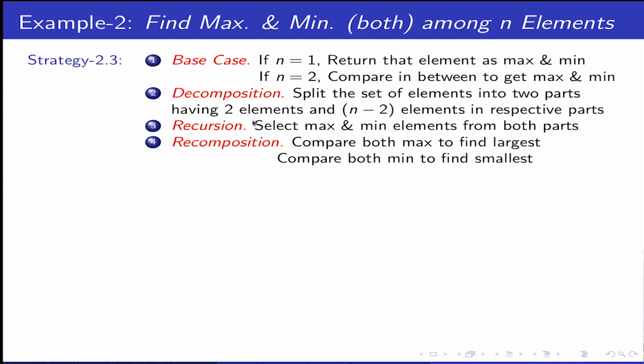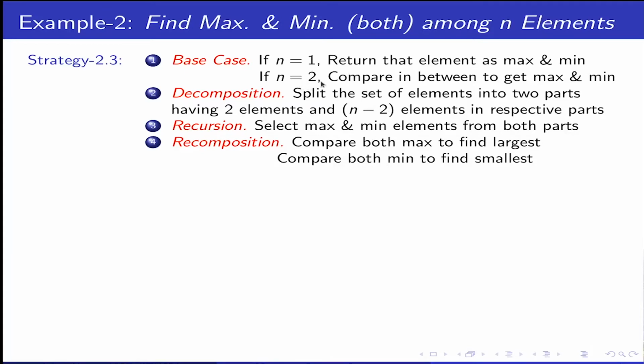The next one, what if I go with 2 elements and n minus 2 elements? Because see, there is a reason why I try 2 instead of 1: a 2 element comparison takes one comparison to get the mean and max. But if I always go for 1 and n minus 1, one element does not take any comparison, but n minus 1 adds up 2 comparisons.